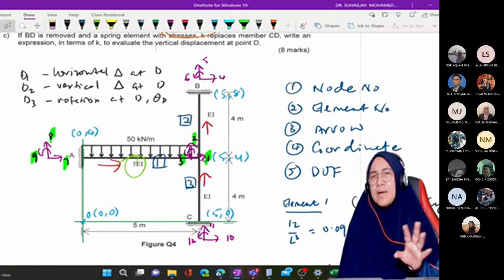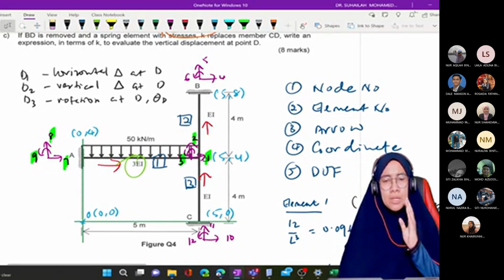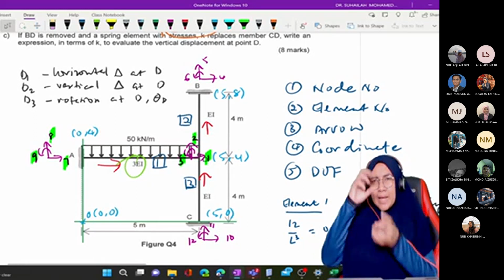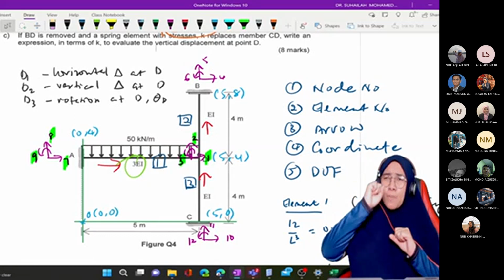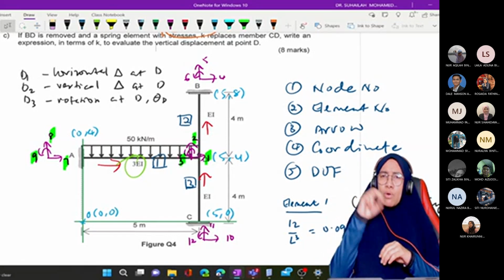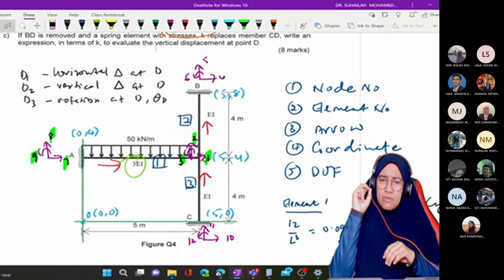You cannot change the direction. You cannot flip the arrow, and you cannot put the Z component clockwise.